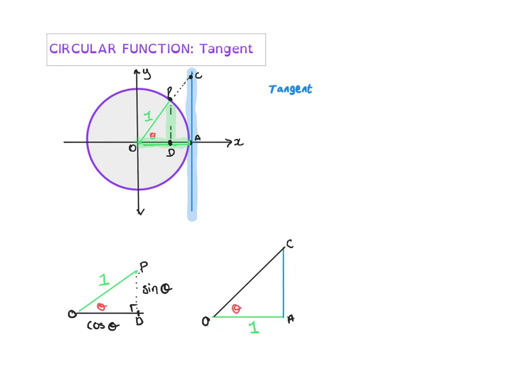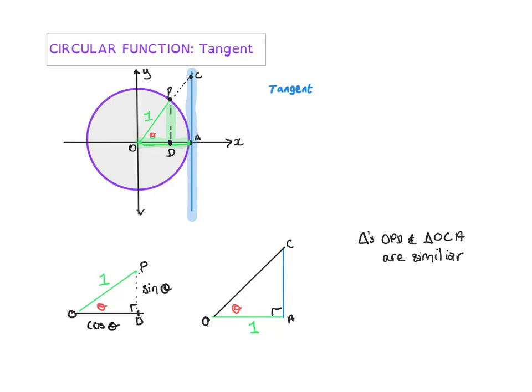So when we see that, and we have one side that is similar and an angle that's similar, and also they're both actually two angles that are similar because they're both right angle triangles. So because of that, we can say that the triangles OPD and the triangle OCA are similar. So when the triangles are similar, that means that their sides will be of the same ratio, and you can work it out.